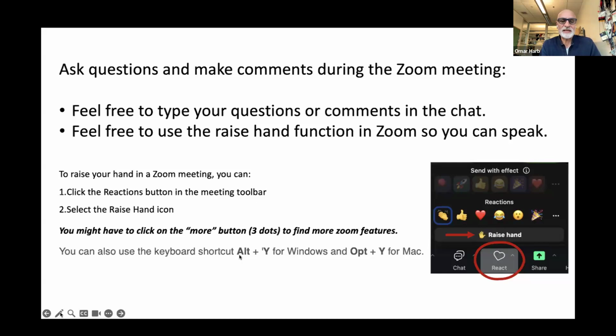If you're very adept at using shortcuts, you can click on Alt-Y or Option-Y for a Mac versus Windows in order to activate the raise hand. And we'll see it. Yeah, so I see, Misha, you tried it out. That's great. It works. And so definitely do that, and we will call on you to ask your question or make your comment. And I think that's pretty much in terms of logistics.